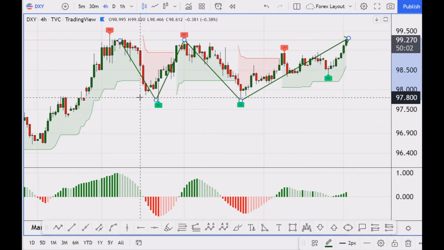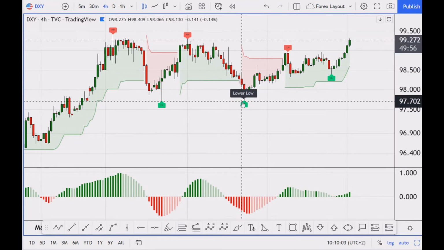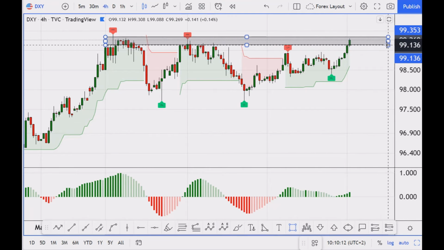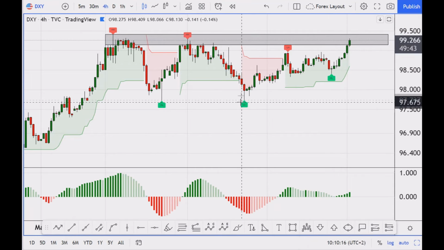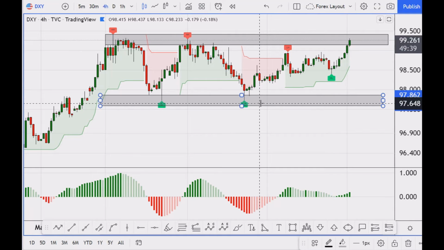So we expect a continuation of this sideways move until one of those highs or lows is broken above or below, and we will be starting a new directional movement. In the meantime, we have our resistance levels around here, which the price is trying to test at the beginning of the European session. We also have our lows around the levels of 97.60 and 97.70.